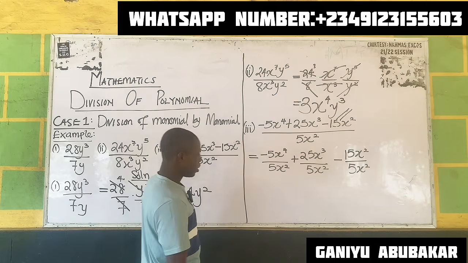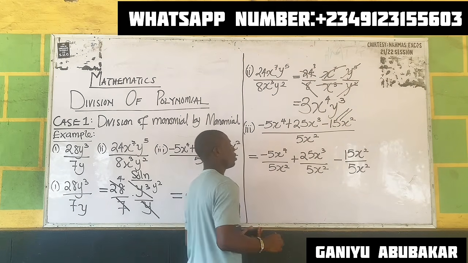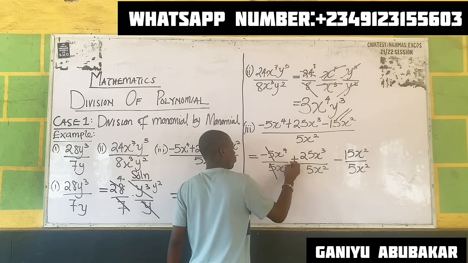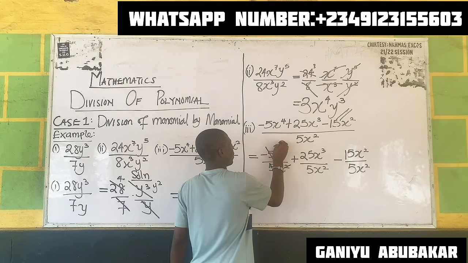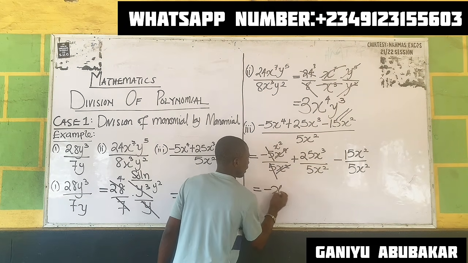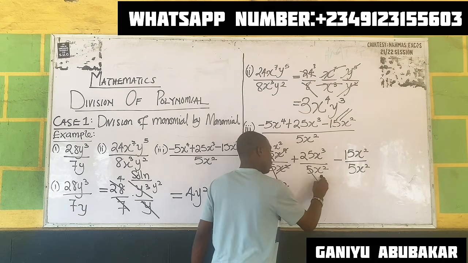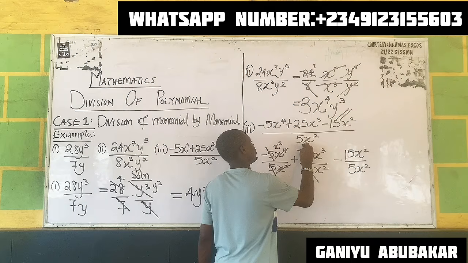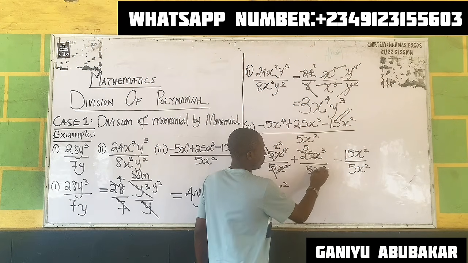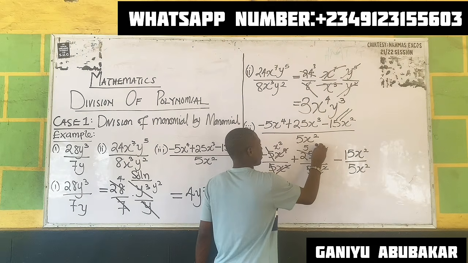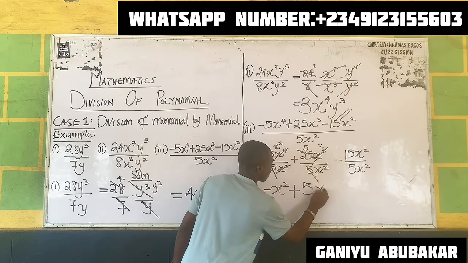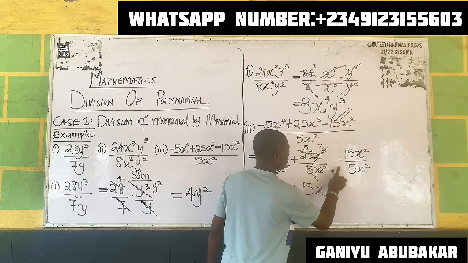At this junction, it's simple. 5 over 5 is 1. x squared cancels against the power 4, so I'll have x squared left, so negative x squared left. 5 over 5 is 1. x squared cancels x cubed, I'll have x left. So that's plus 5x left here.